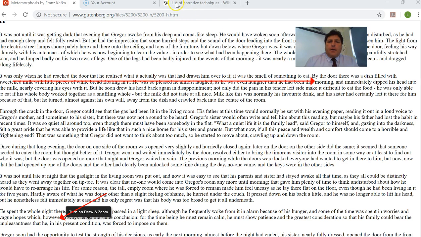In order to understand what's happening here, we understand that there has been a transformation in the way Gregor is as a character. Not just that Gregor is interested in this or that, but as a character, he has fundamentally transformed.